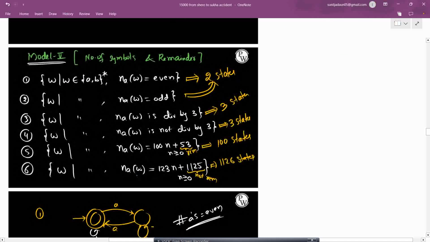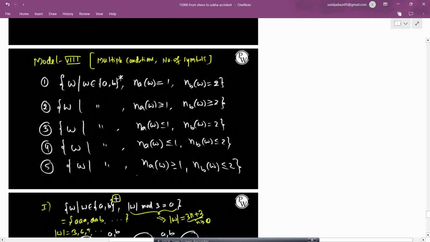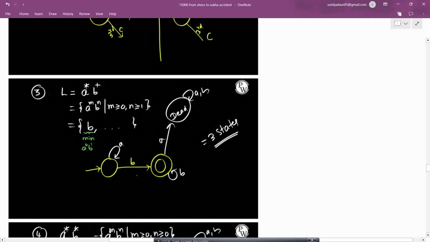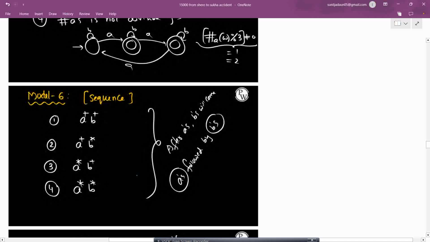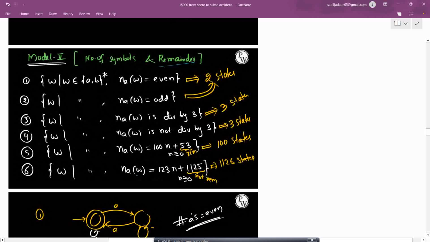This is also the note for that. Model 5: number of symbols and remainders. What are we doing in this model?